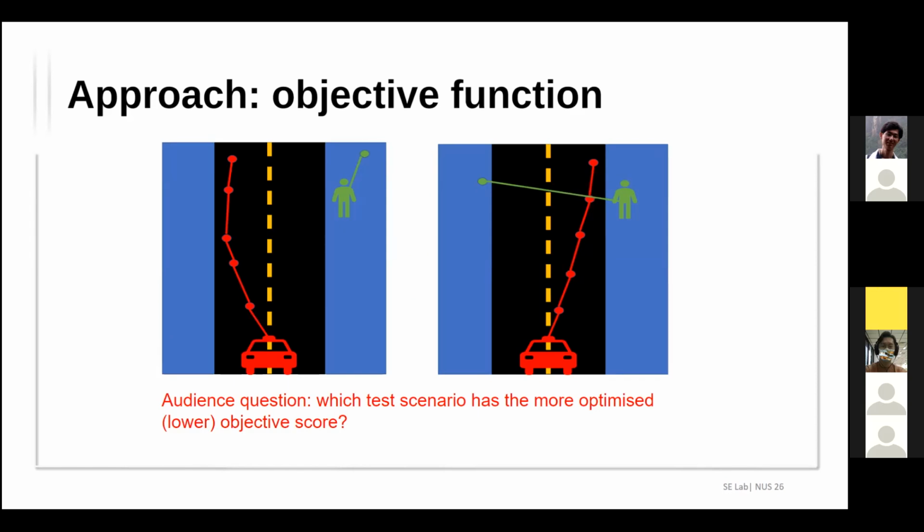Yeah, so these are very good questions. And the audience would like to have a try. So which scenario, for maybe a more intuitive explanation, which testing scenario is more favored to test the autonomous driving system? Yes, exactly that actually.